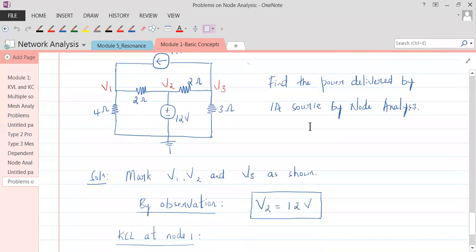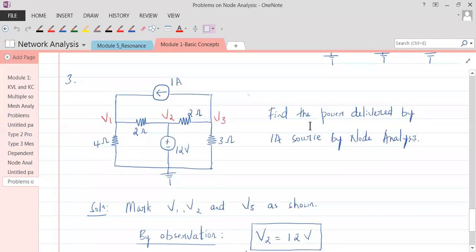So how would our KCL look? I'll just write here, then I'll take that equation down. At V1 what we're doing is this. What is the current flowing in this branch? It's V1 by 4. So it's V1 divided by 4 plus there is another leaving current. What is that? It's V1 minus V2. Let's write minus V2 first, then we can substitute 12 for V2.